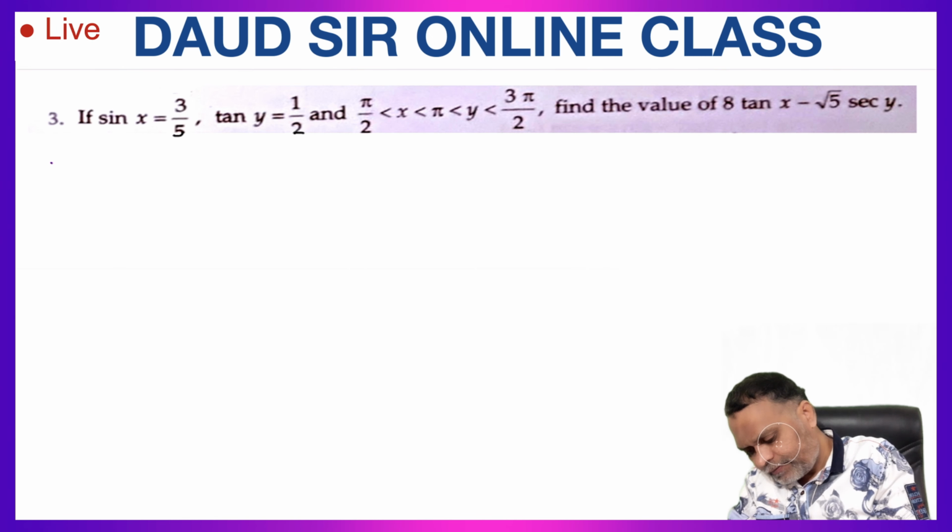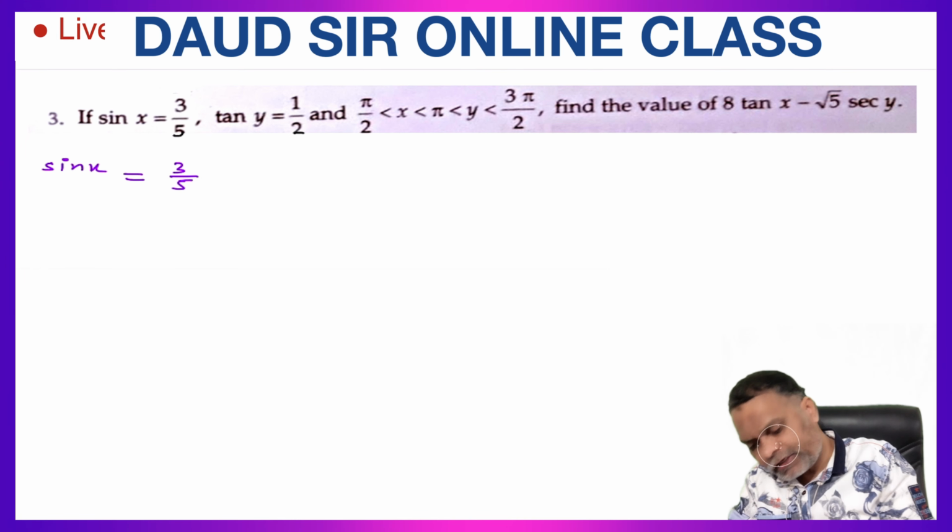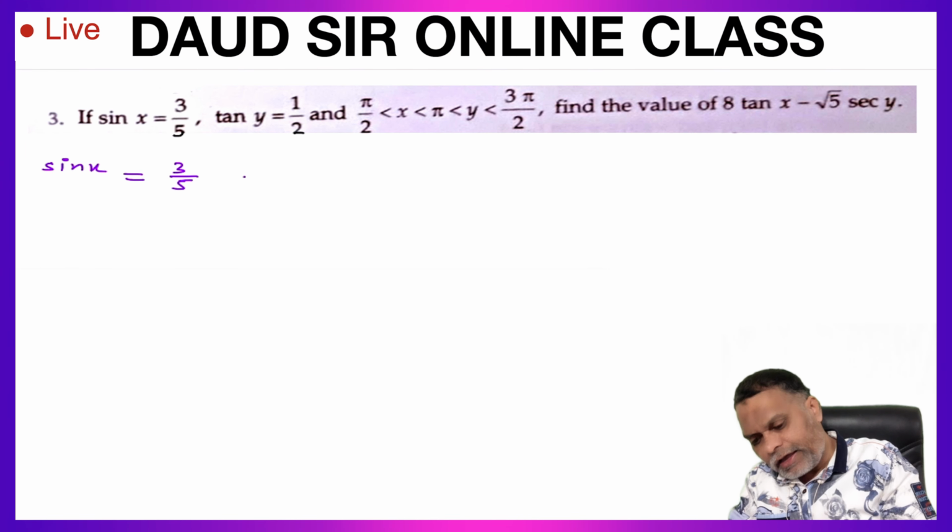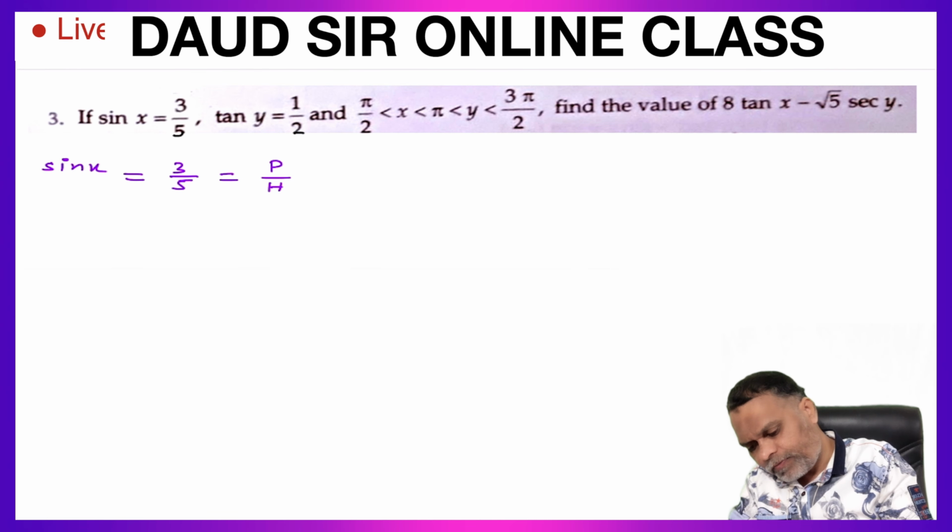Sin x is equal to 3 upon 5, it is given, and sin x is equal to perpendicular upon hypotenuse.